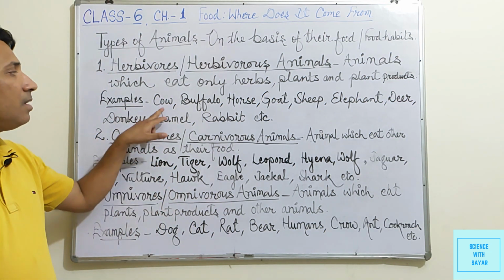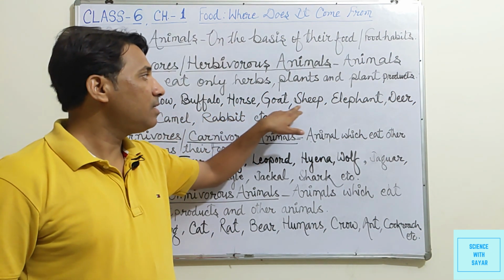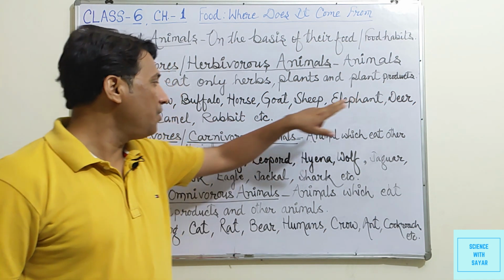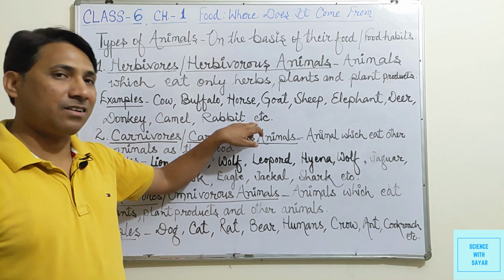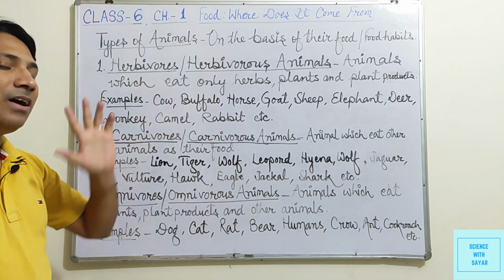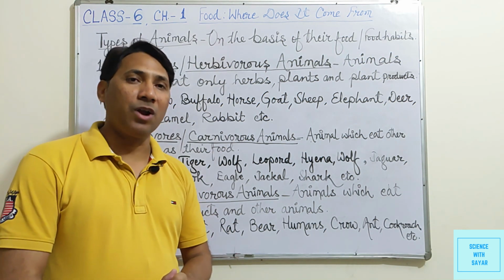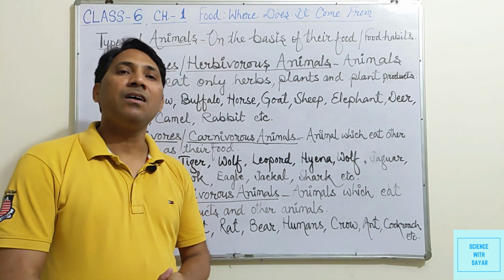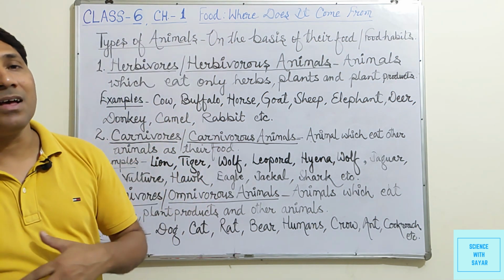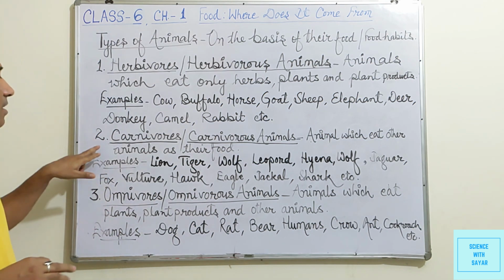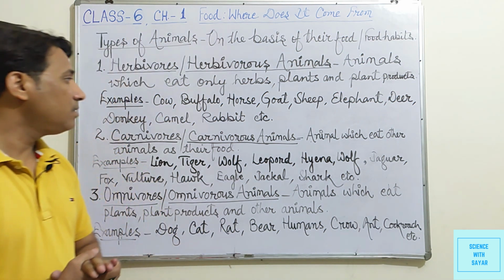Examples: cow, buffalo, horse, goat, sheep, elephant, deer, donkey, camel, rabbit, etc. These are the examples of animals which eat only plants and plant products. These are known as herbivores or herbivorous animals.